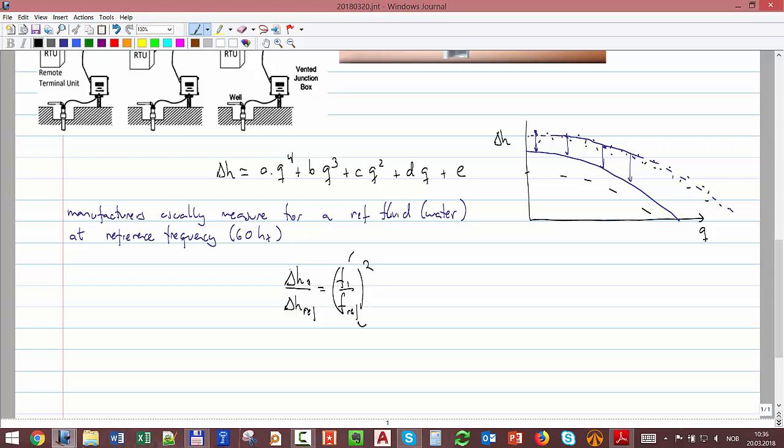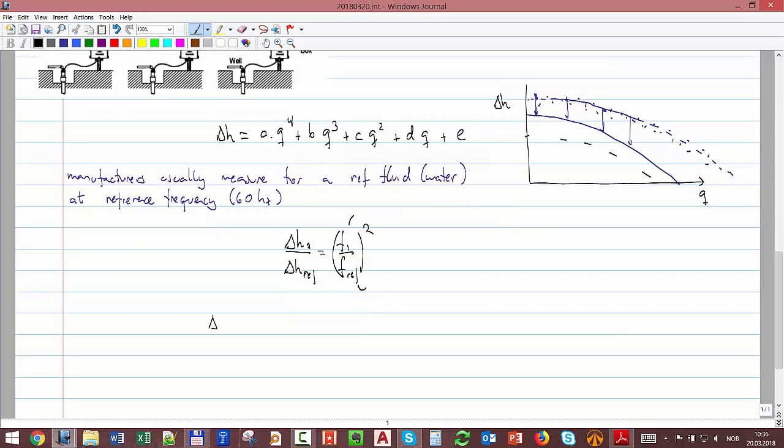This is the value that I measured, and that will give you the other. So delta H at another frequency will be this expression that I have here, multiplied by f divided by f reference to the power of 2.